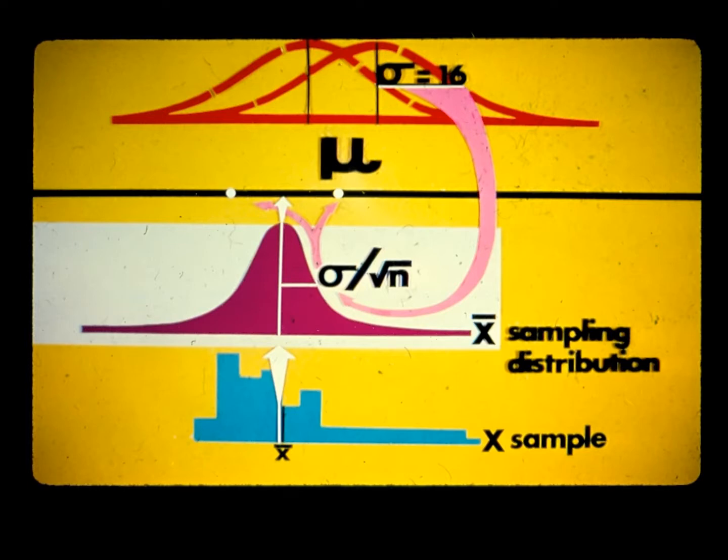In particular, we made the assumption that the standard deviation of X bar was known to be sigma over the square root of n, where sigma was the standard deviation of the entire population of CMI scores. The value of sigma was assumed to be equal to 16, as shown at the top.